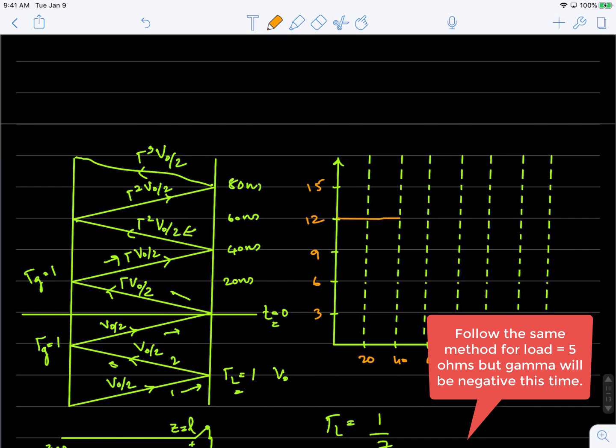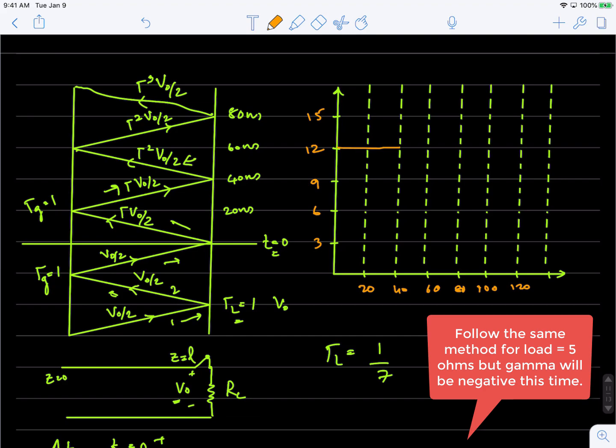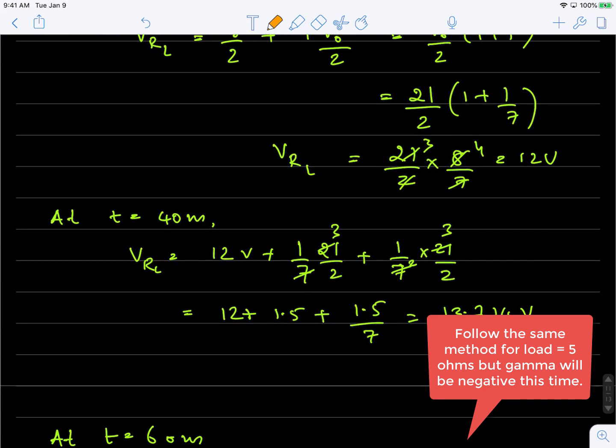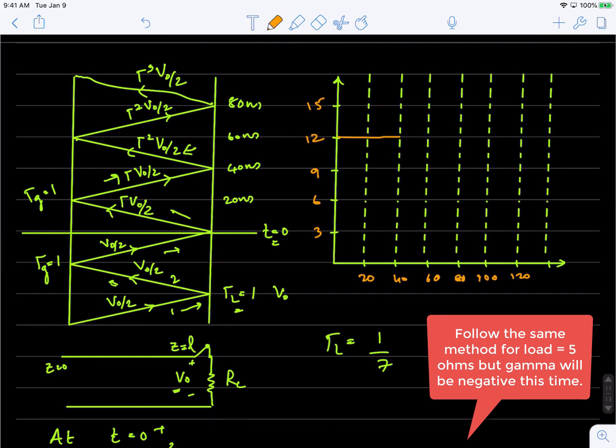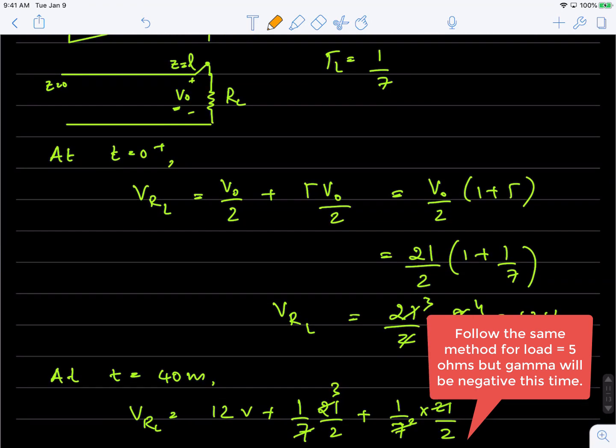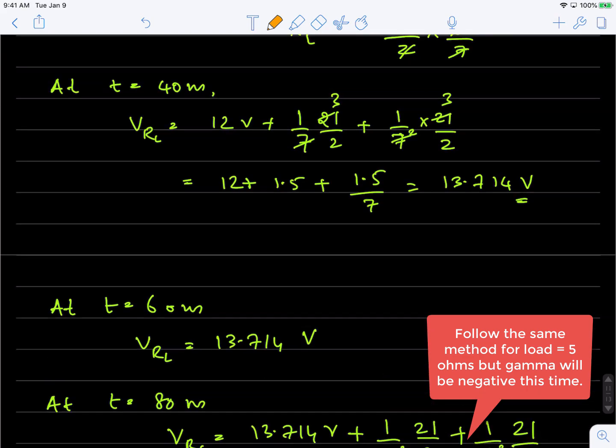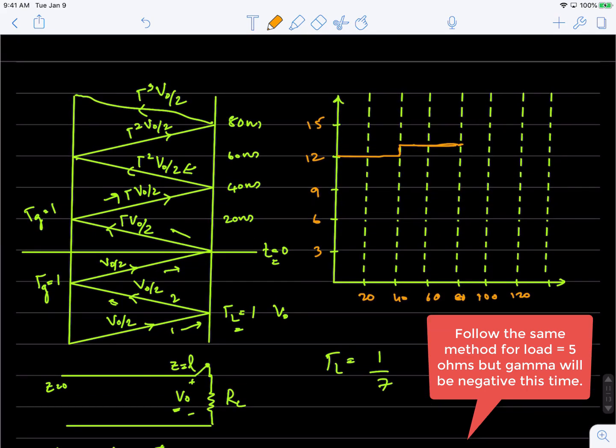It's going to be 12 volts up until 40 nanoseconds, and after 40 nanoseconds, it's going to jump to 13.714, which is somewhere around here. It's going to stay until 80 nanoseconds, and after 80 nanoseconds it's going to jump to 13.95, a further small jump. So this is how the voltage is going to look initially.